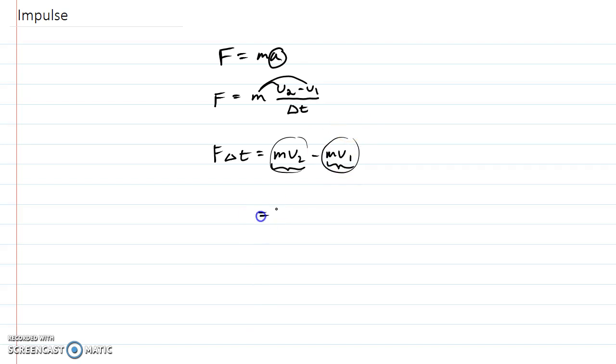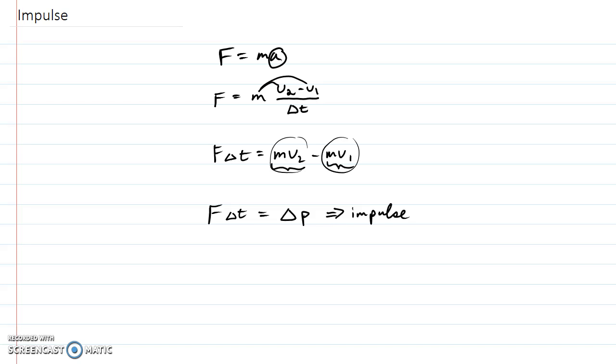So what it really is saying here, this is change in momentum on the right side. So force times change in time is your change in momentum, which is your impulse. So when I say impulse, this is changing the momentum of something really quickly.